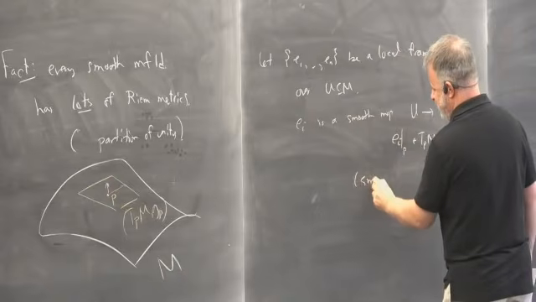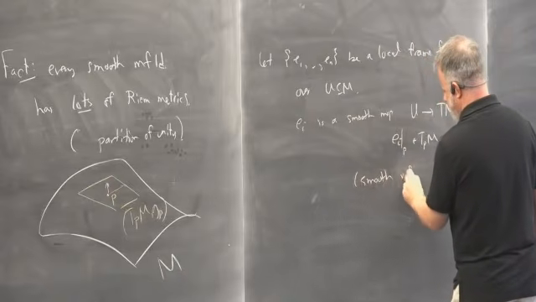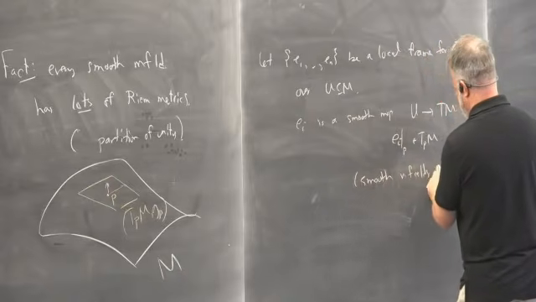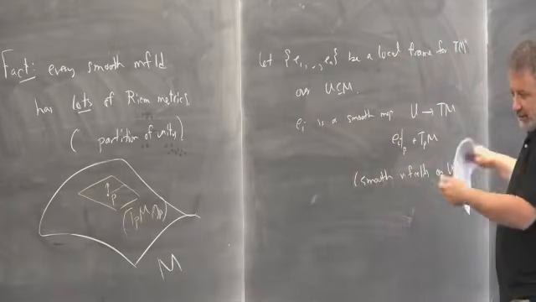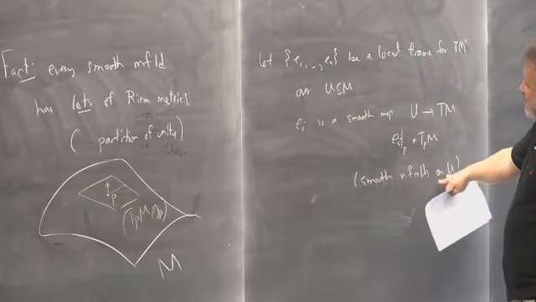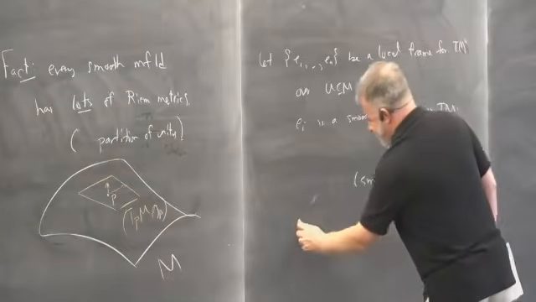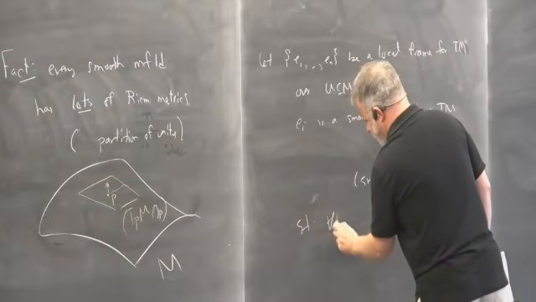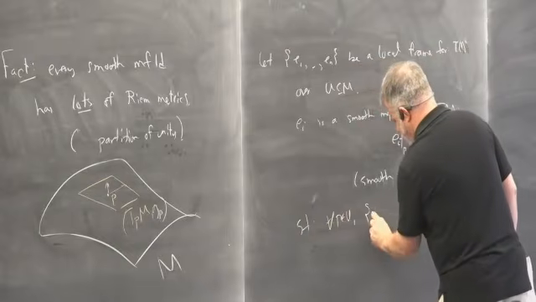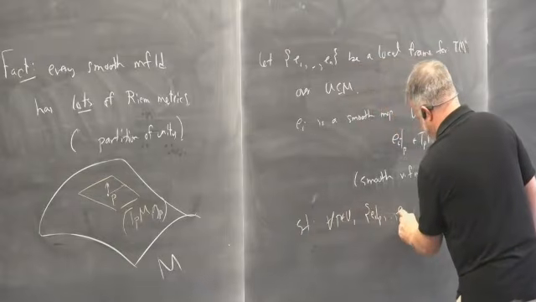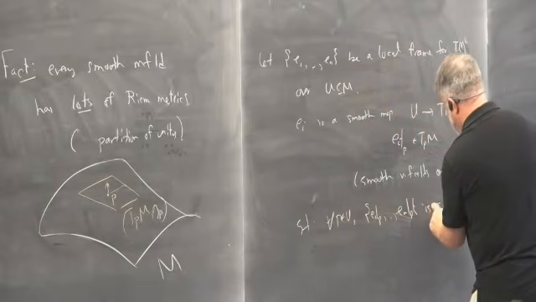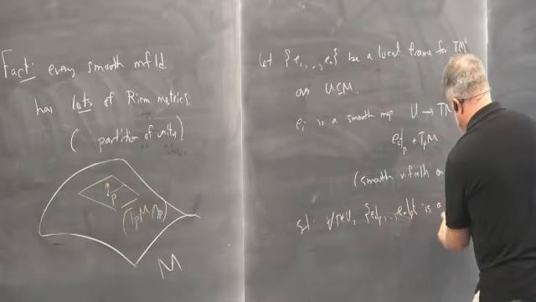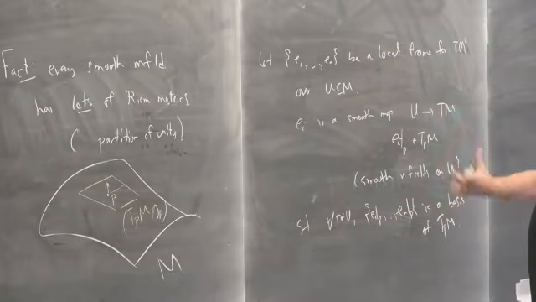So they're smooth vector fields on U, right? An open subset of the manifold is a manifold in itself. And for all p in U, e_1 at p up to e_n at p is a basis of T_pM. Okay, so it's a smoothly varying family of bases.